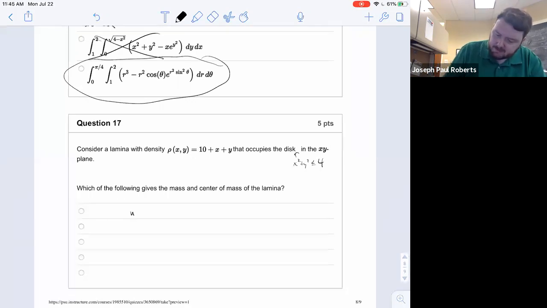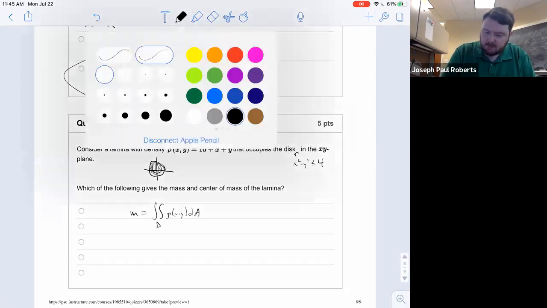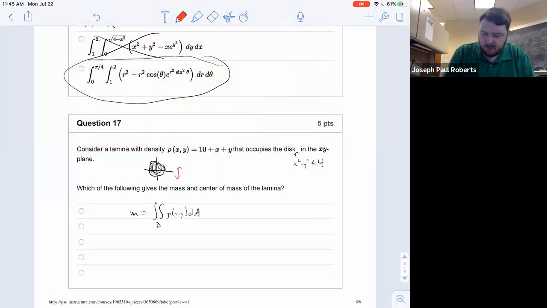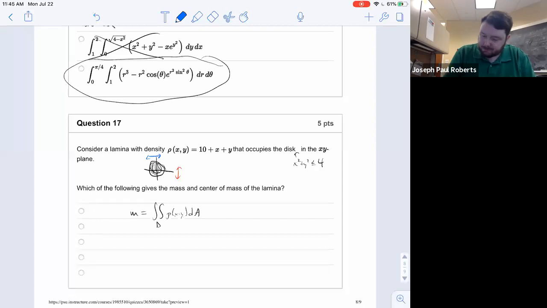So mass is, of course, the double integral of density. And so we actually had you calculate what the mass is. And there is a nice little shortcut because this disk of radius 2 is symmetric over the y-axis and it's symmetric over the x-axis. And this term here is odd with respect to y.